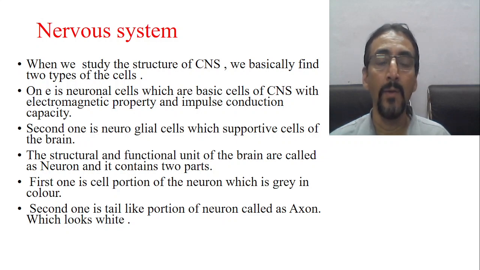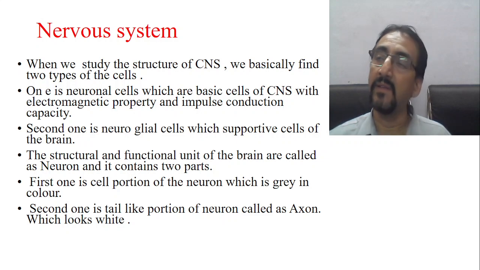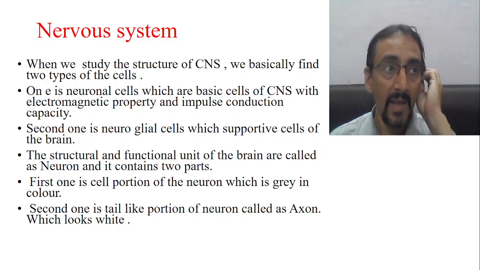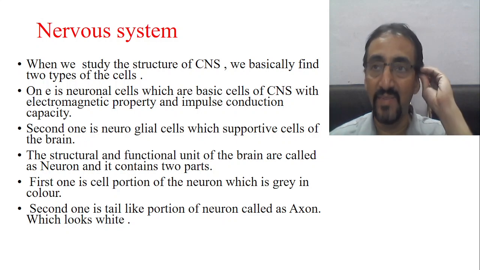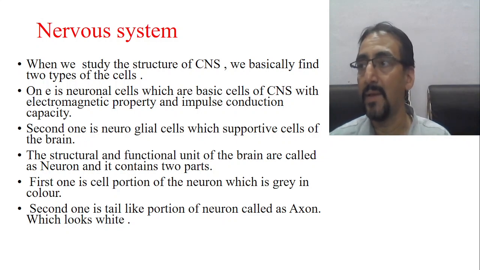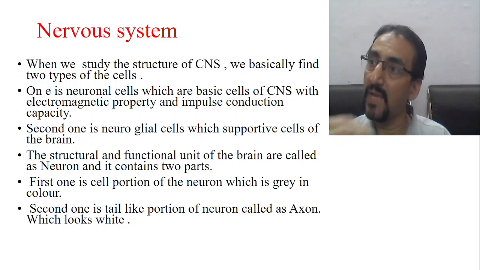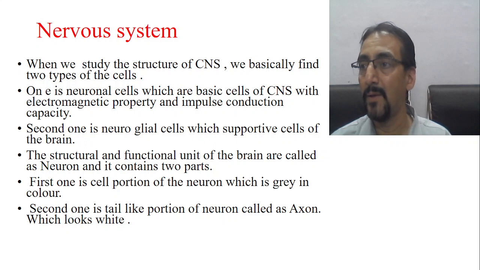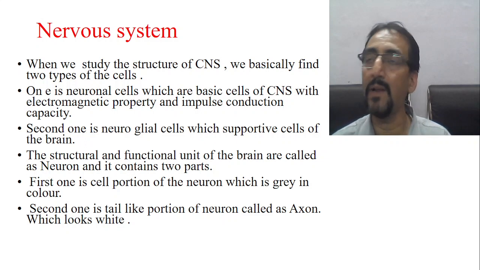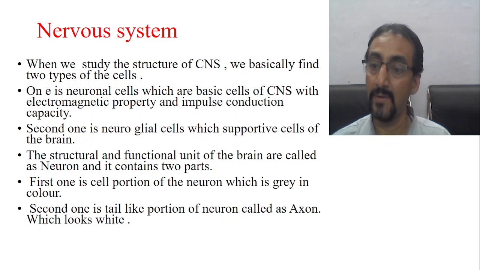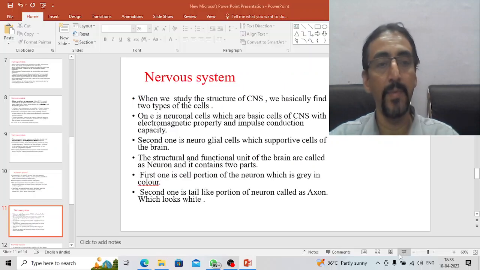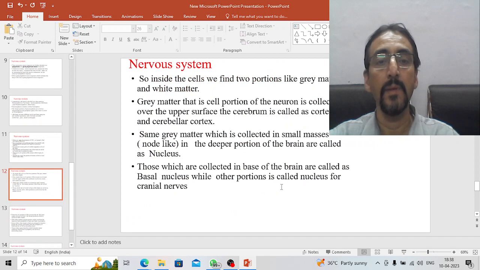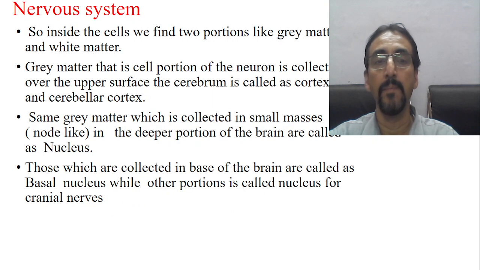Now what is actually happening is that the cell portion of the neuron, which we call the body, its color is grey. And the tail portion, which we call the axon, its color is white. So the body looks grey and the tail looks white. Now what happens?